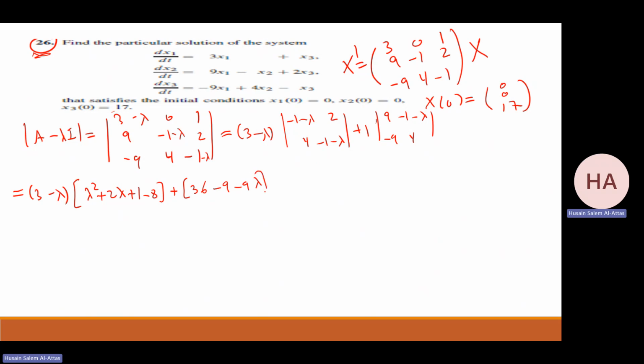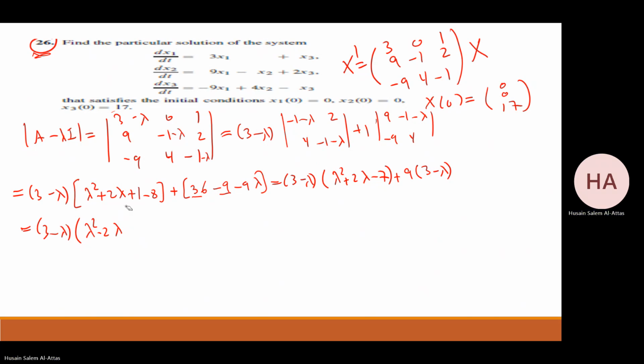That will be 3 minus lambda times lambda square plus 2 lambda minus 7. Here this is 27, so I can take 9 as a common factor. I have 3 minus lambda times lambda square plus 2 lambda minus 7 plus 9, which is plus 2.